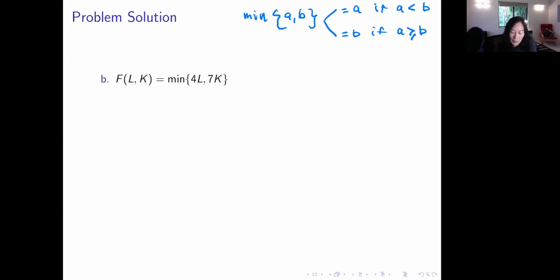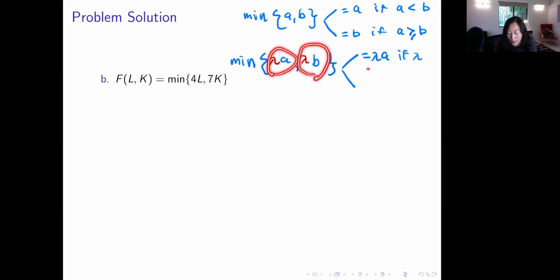So if I multiply both A and B by lambda, then my answer is going to be equal to lambda A if lambda A is smaller than lambda B, or if A is less than B, given that lambda has to be a positive value.